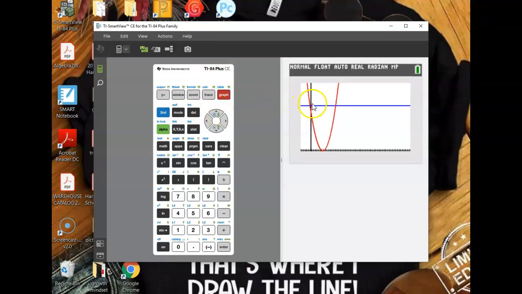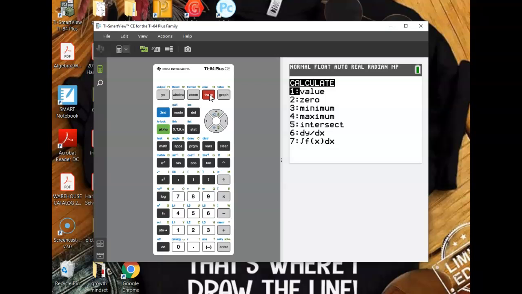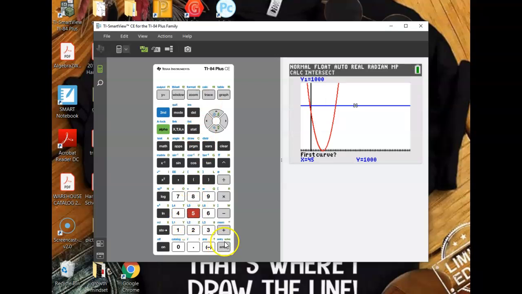Over here we have negative x. I don't think cutting a negative square out is going to work very well. So we need to find the positive place where they intersect. Second trace, intersection. Enter, enter, enter, because we only have 2 equations in. What's it coming out?